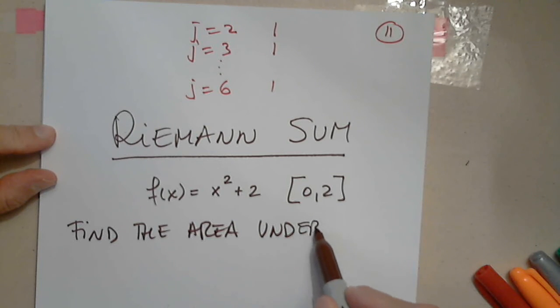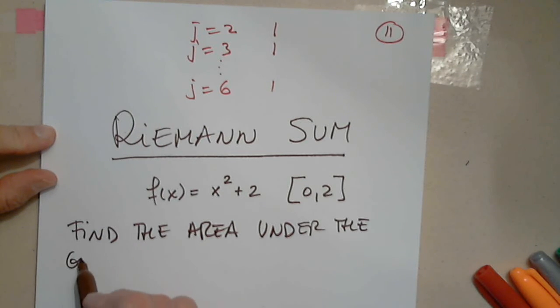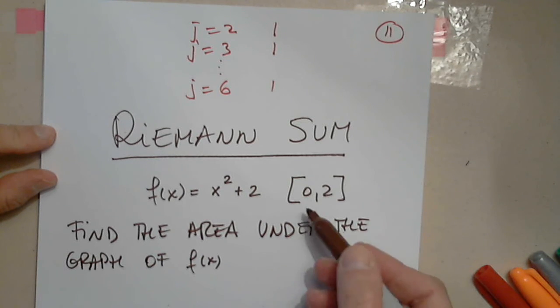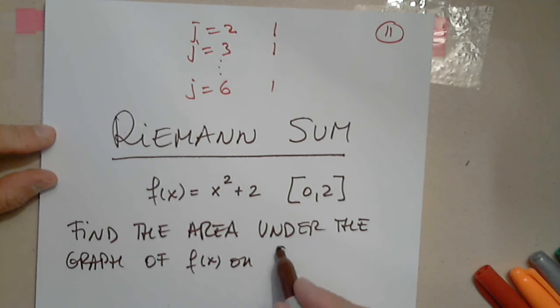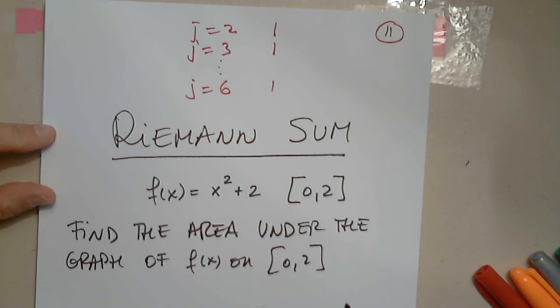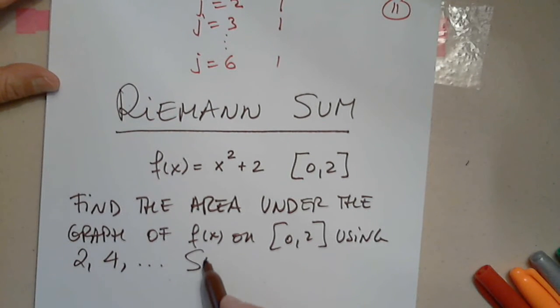Find the area under the graph of f of x, of course on the interval 0 to 2, using 2, 4, whatever, subintervals.